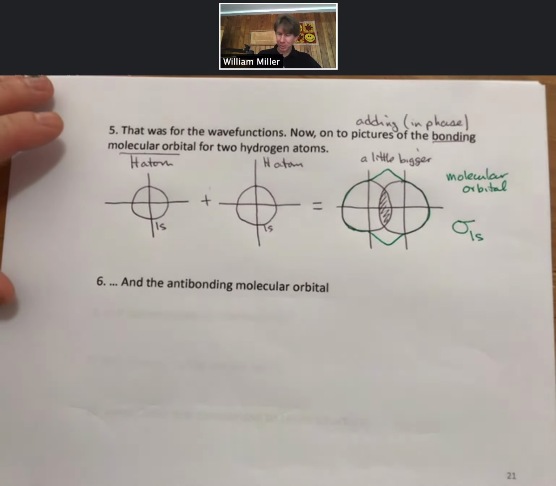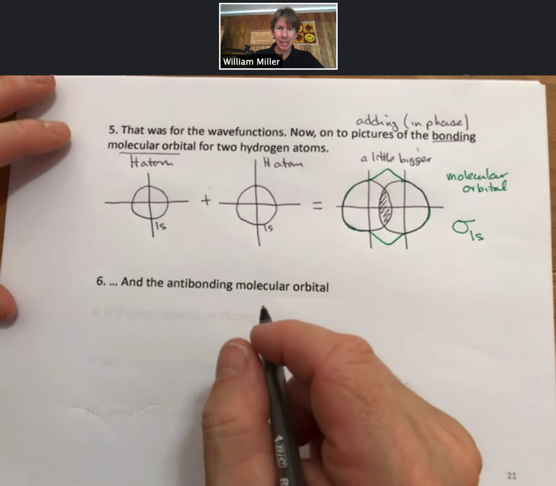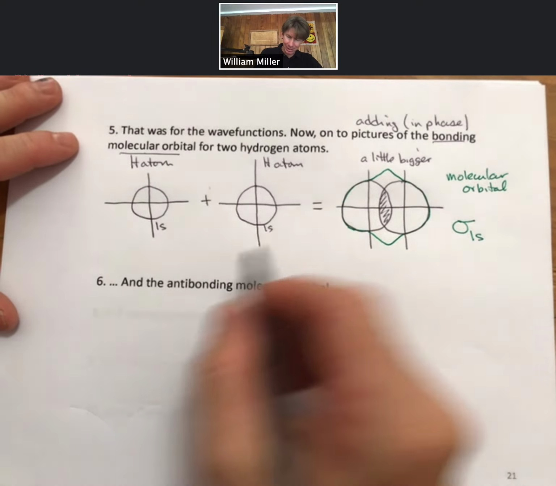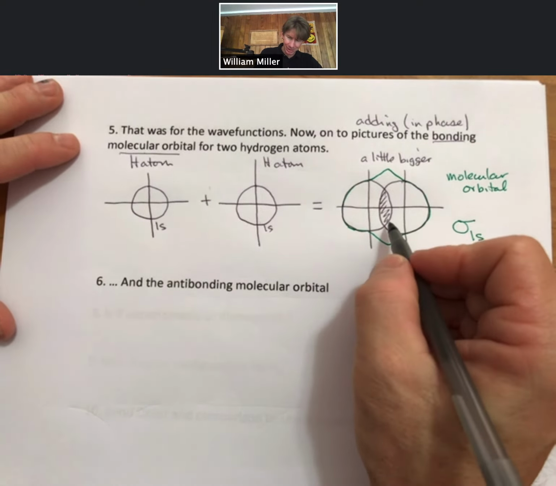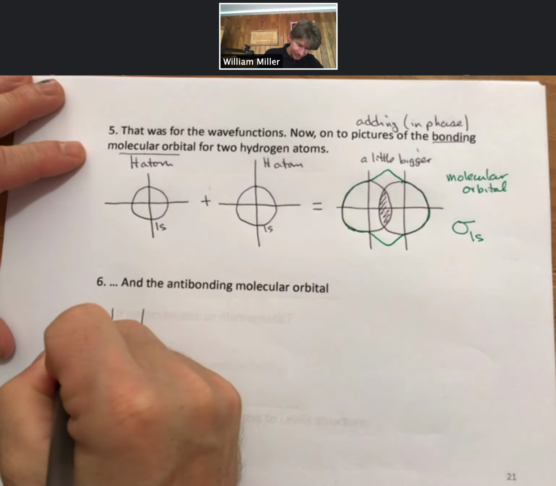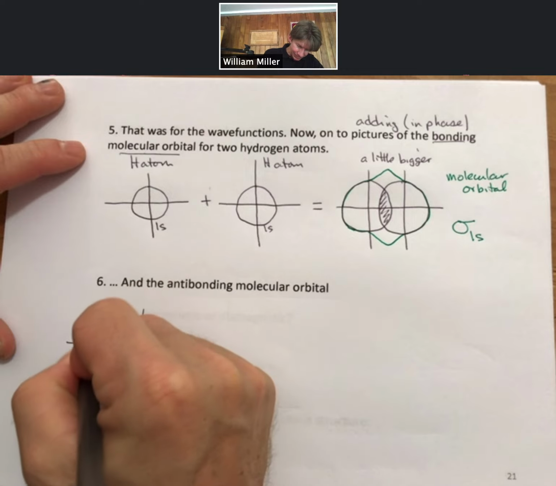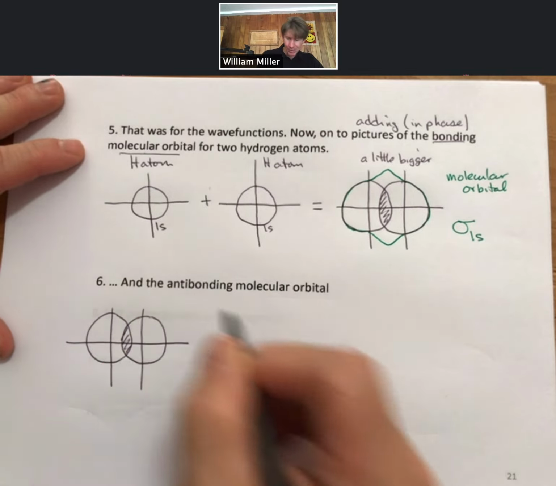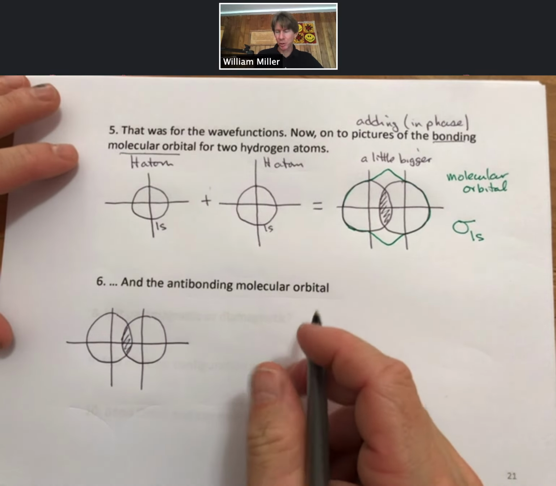Right. And so now let's do the same thing, except do antibonding. And antibonding, I'll start with this picture here. So for this picture, where they overlap, they subtract.